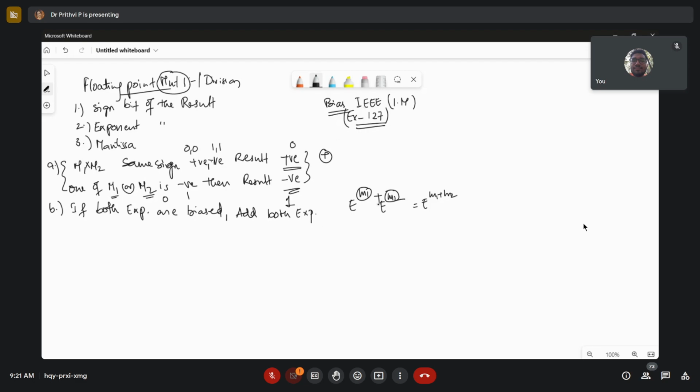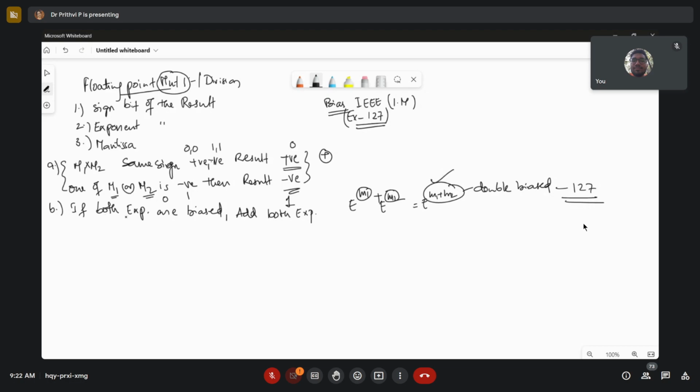So when you are adding these two, the result is double biased. Now a correction needs to be done to remove that double biasing, so subtract 127 from the resultant exponent value.